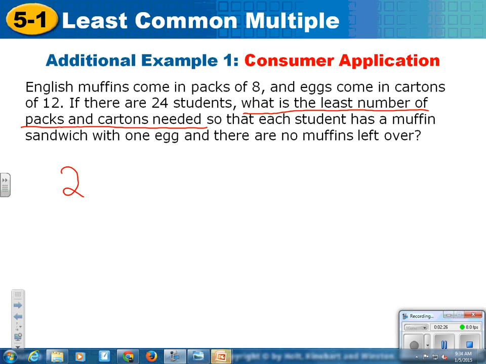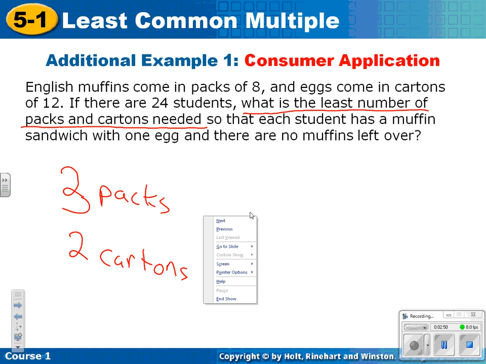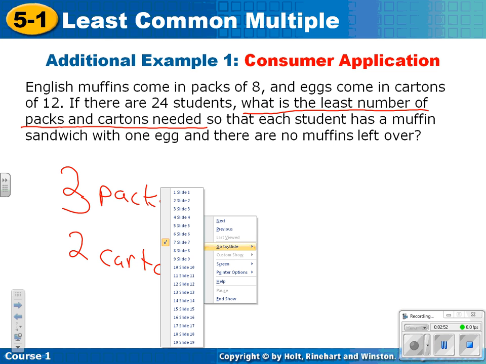Oh, 3 packs, 2 cartons. The answer is that simple. It's actually really easy. The hardest part is trying to understand the question.